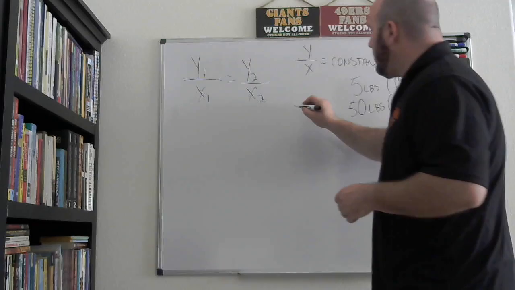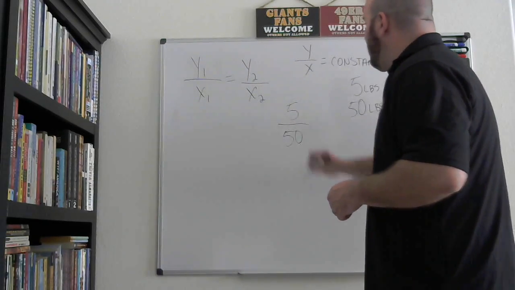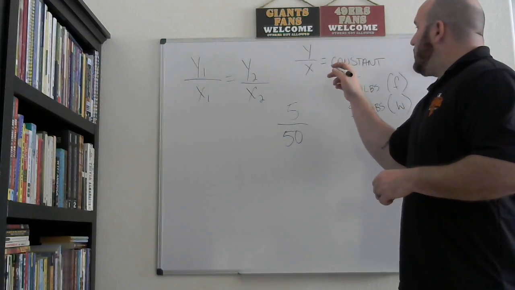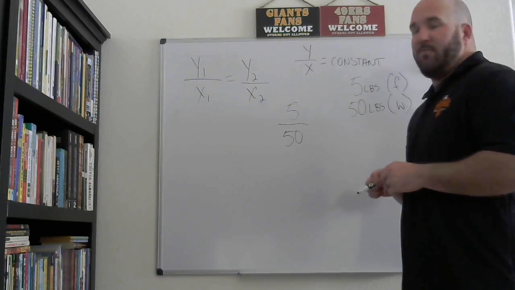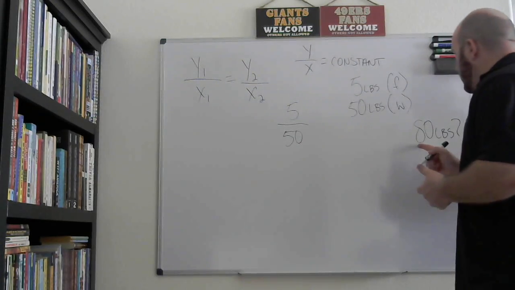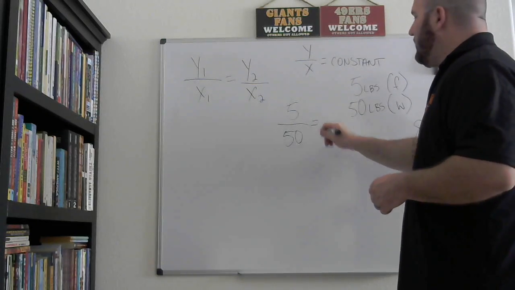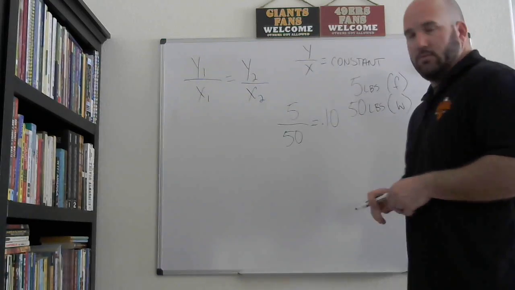Well, we know that the amount of force needed to lift 50 pounds is 5 over 50. So our x is 50 pounds, our y is 5 pounds. We want to find out how much it takes to lift 80 pounds. So 5 divided by 50, what is that value? 0.10.